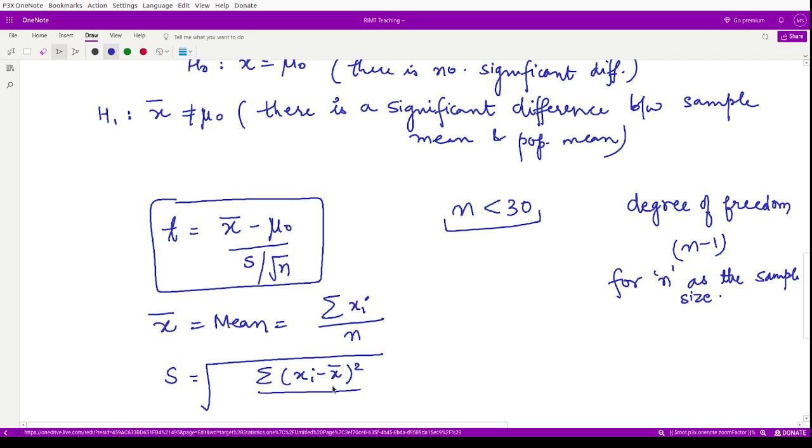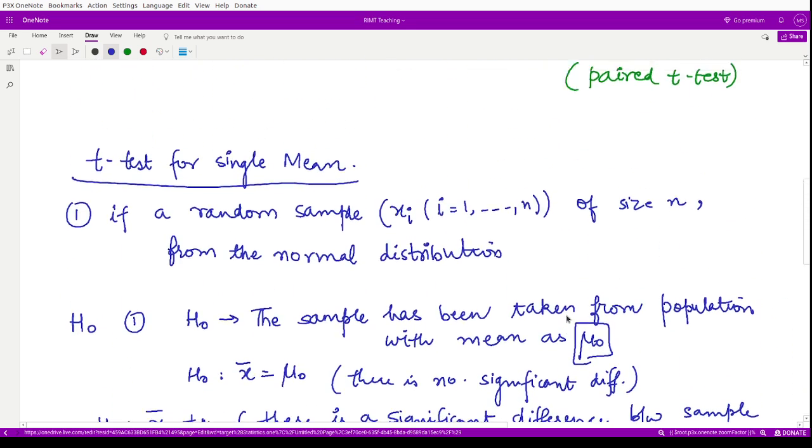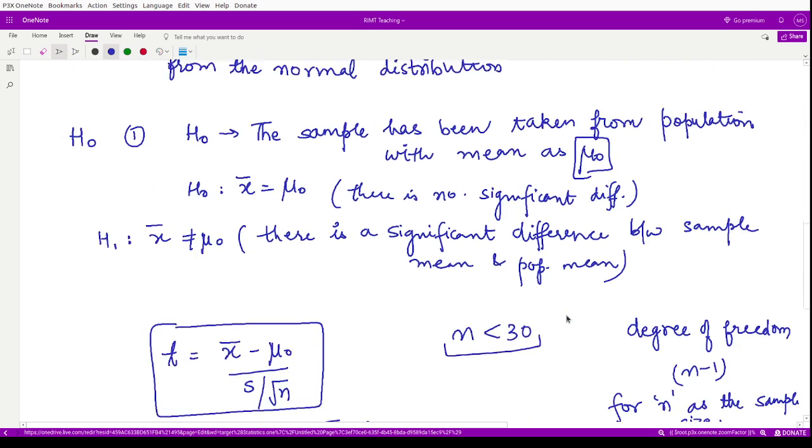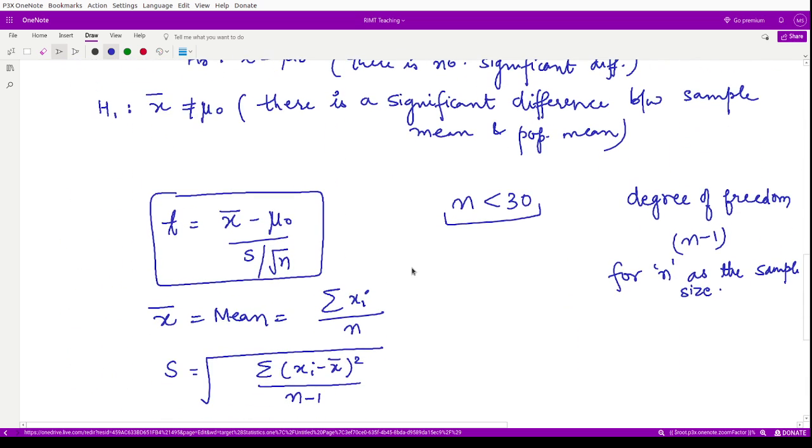However, in earlier cases you were dividing that by n. In this case we will divide by n minus 1 because n minus 1 is the degree of freedom for this particular thing, right? So we shall see an example of this test later on. For now, this is the basic idea for this t-test, and we may use this whenever our sample size is less than 30.